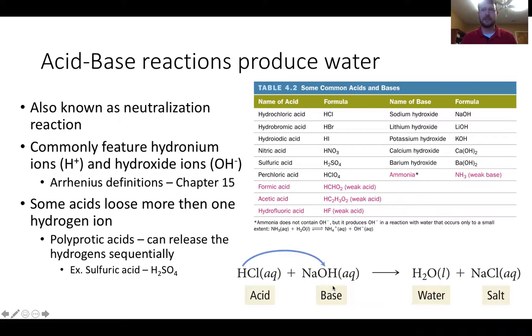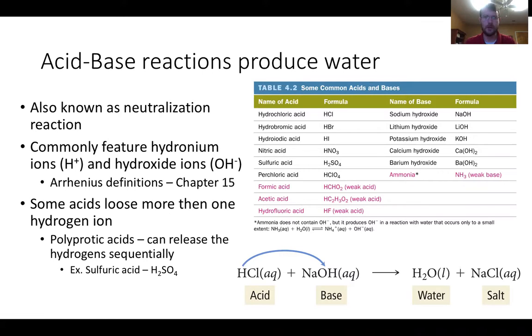The second type of reaction is acid and base. This is known as a neutralization reaction because the acid neutralizes the base and the base neutralizes the acid. Acids and bases always produce water and salt.